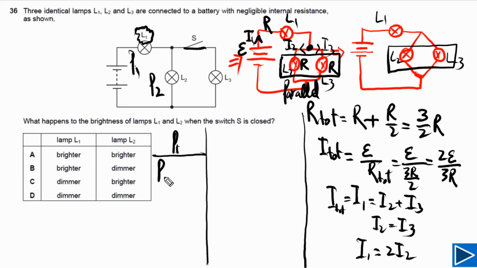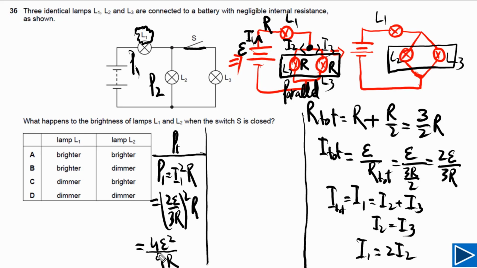So we can simply say P1 is equal to I1 squared times R, and I1 is equal to I total, so this is equal to 2E divided by 3R, squared, multiplied by R. If we simplify this one, we will get 4E squared divided by 9R. So this is the value of P1.